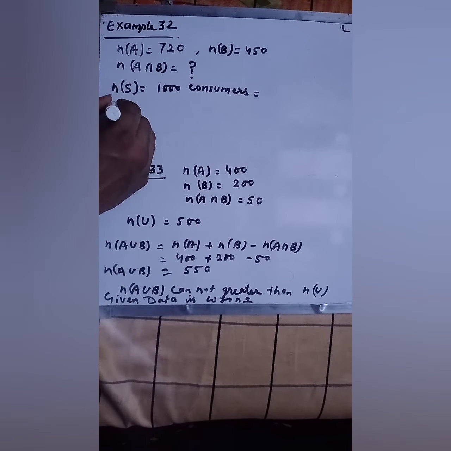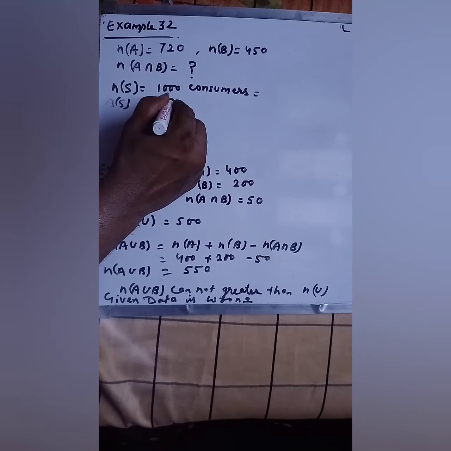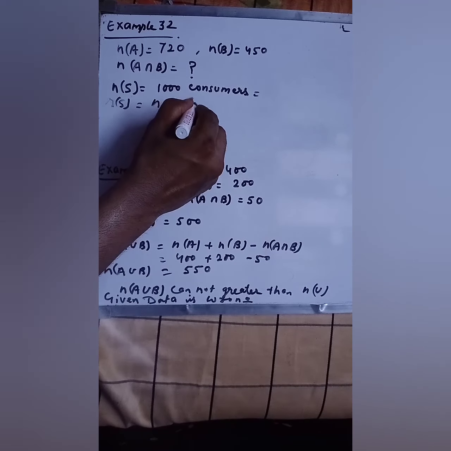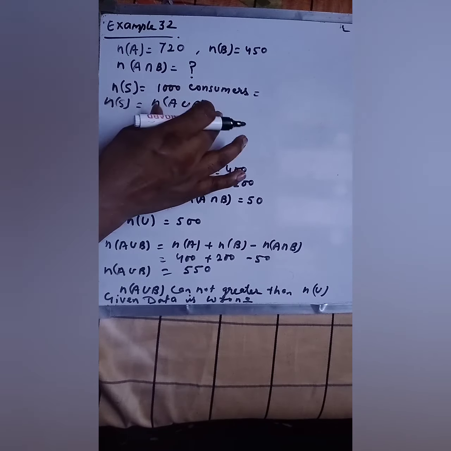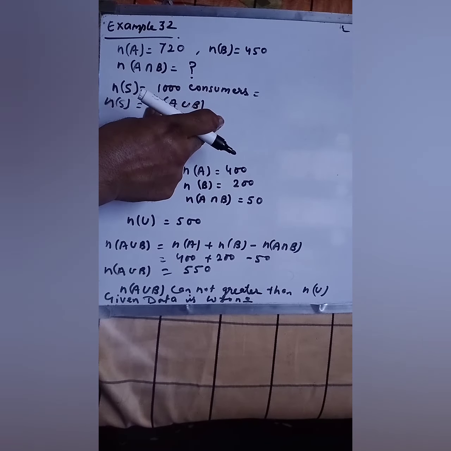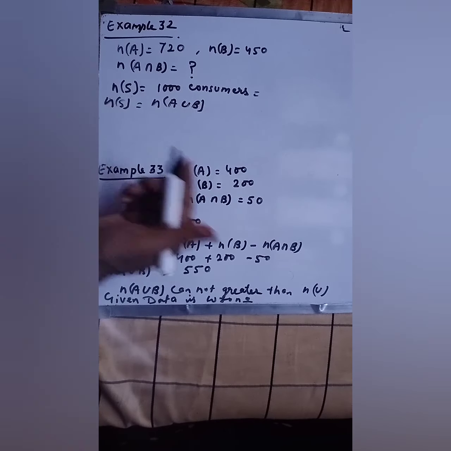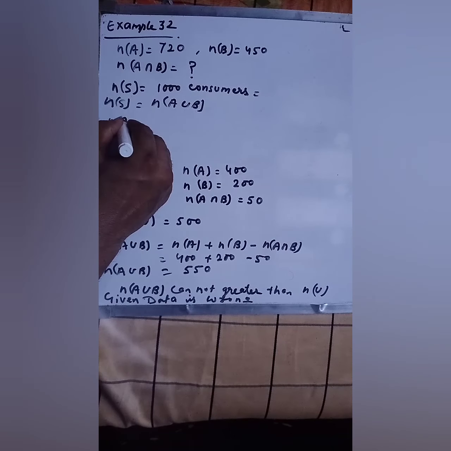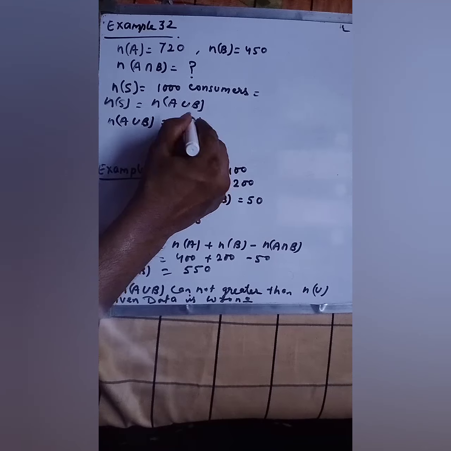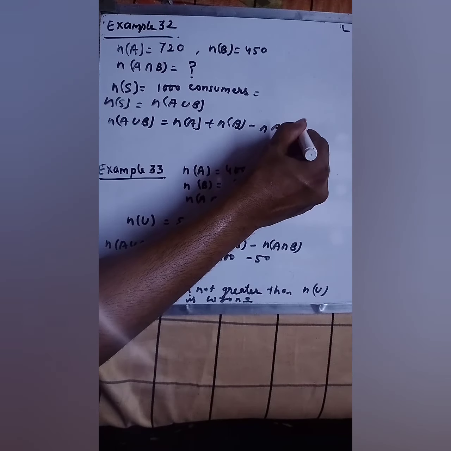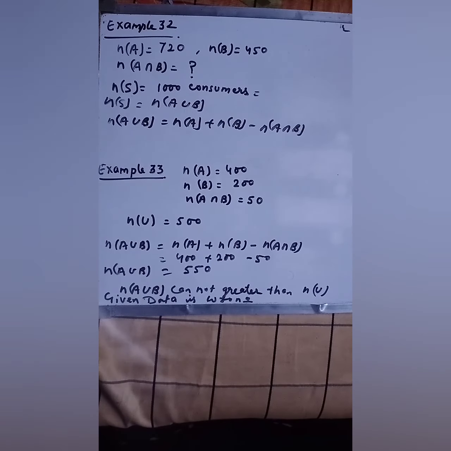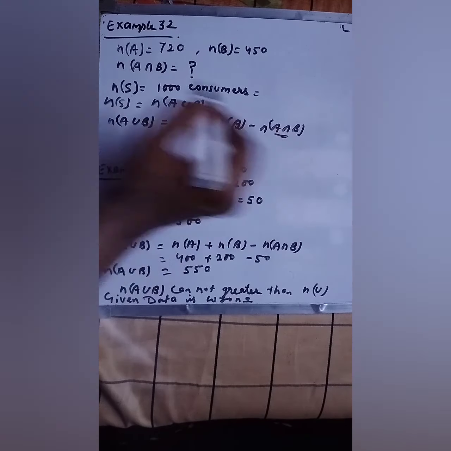So here the total consumers, you will take A union B. The total consumers will be A union B. After that just apply the formula. This formula you have to apply, and you will find out the value of this part.